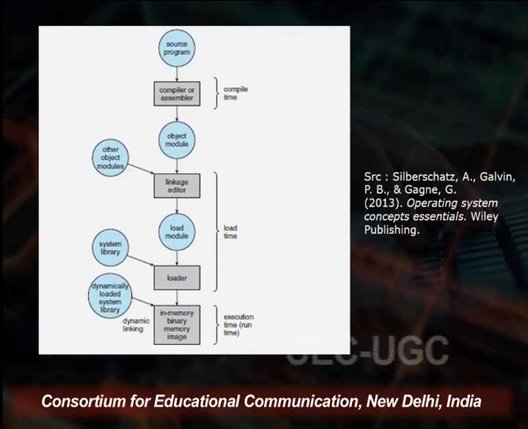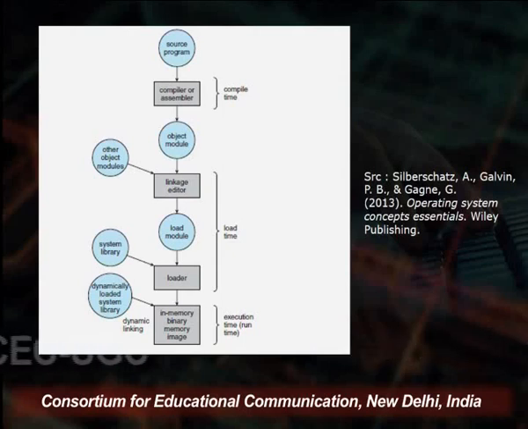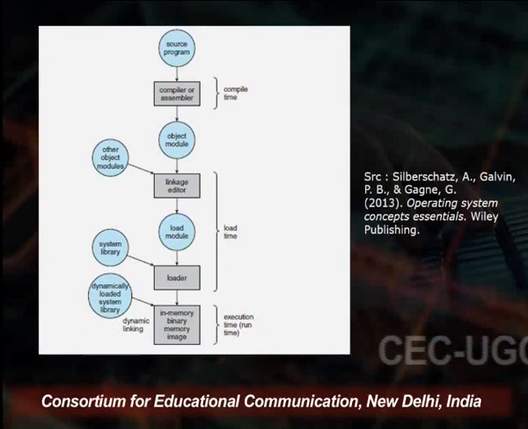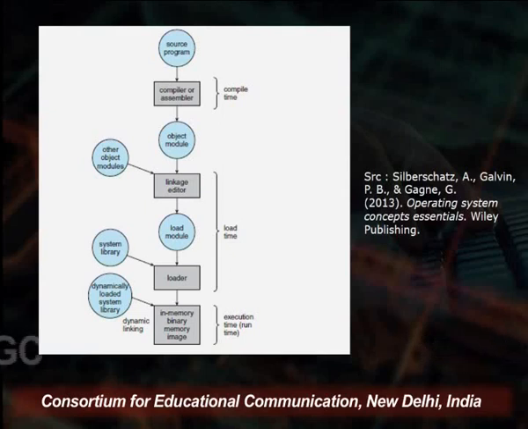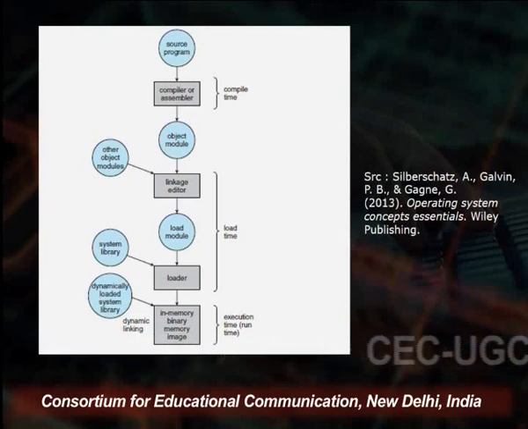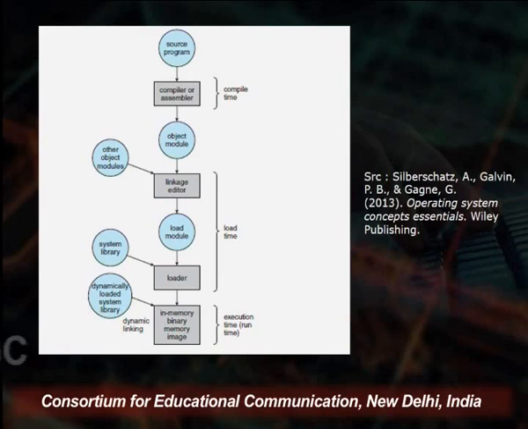We have the source program, which first goes into the compiler. The compiler translates the source program into the object program, or object code. Then the object code is loaded by another piece of software known as the loader, which loads it into the memory, and finally the execution of the process begins. So, there are three different phases.